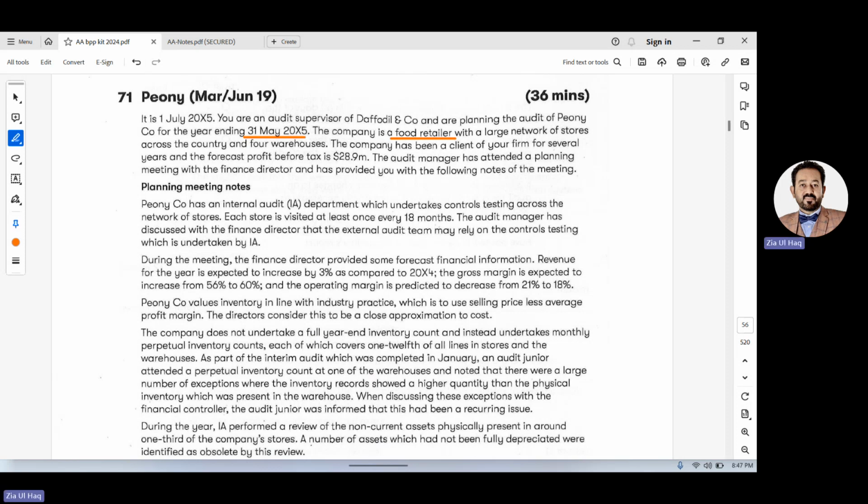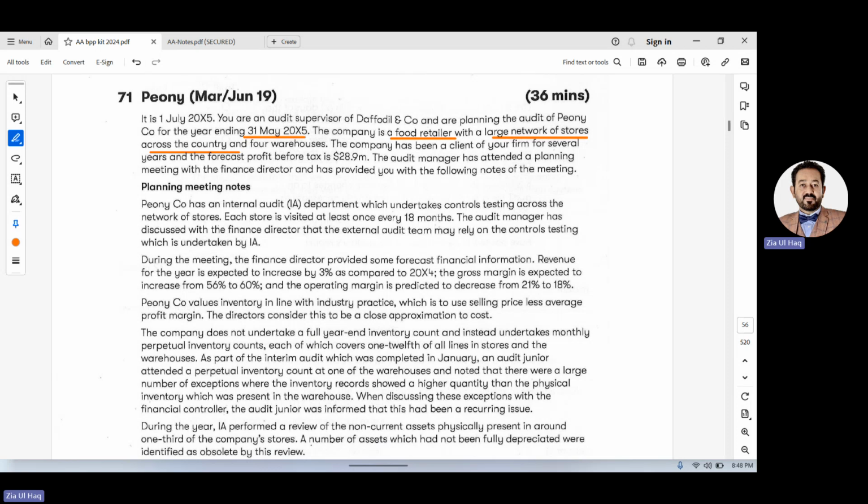Is that fine? With a large network of stores across the country and 4 warehouses, we can identify one detection risk from here. There are so many stores across the country. And due to lack of audit staff, if we are unable to perform audit on all stores, the auditor may not detect misstatements.